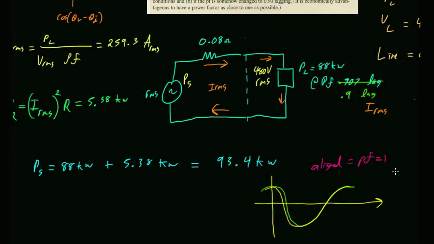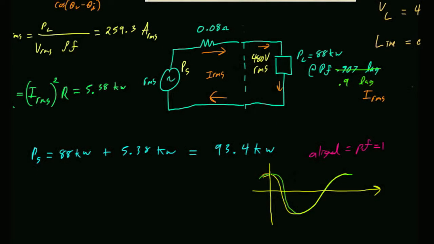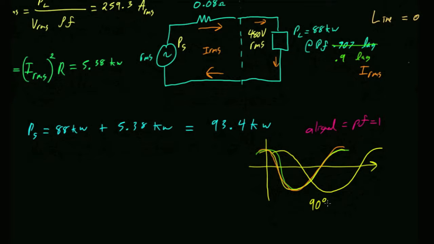When they're out of phase, when your voltage has one cosine and your current is out of phase, then your power factor gets smaller. What if they're 90 degrees out of phase? Cosine of 90 is 0, so then you have a power factor of 0.